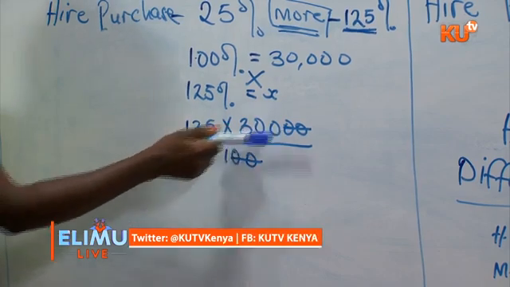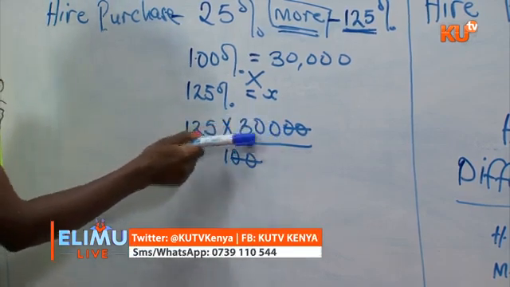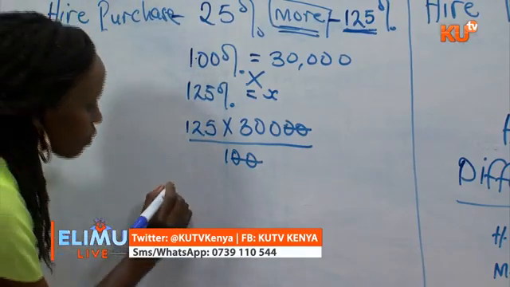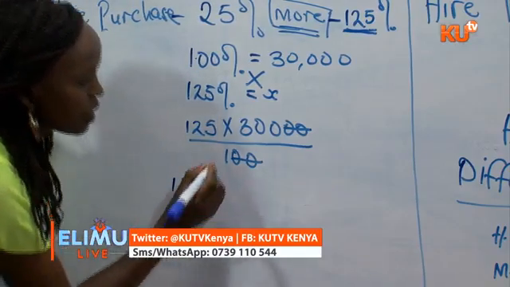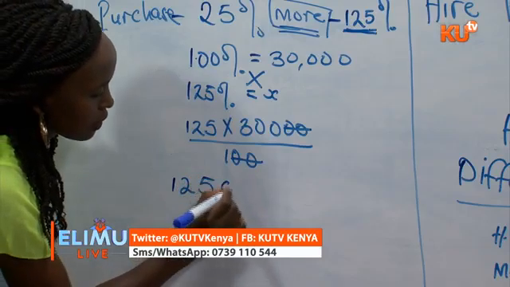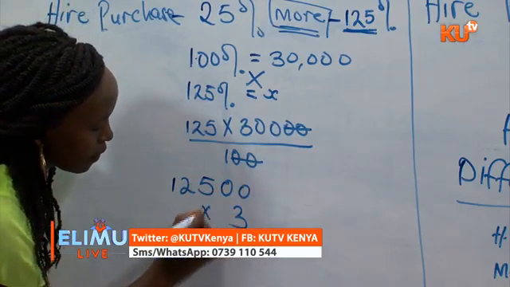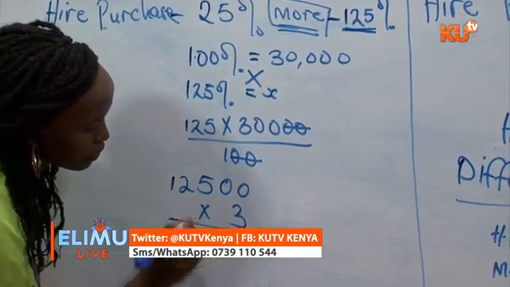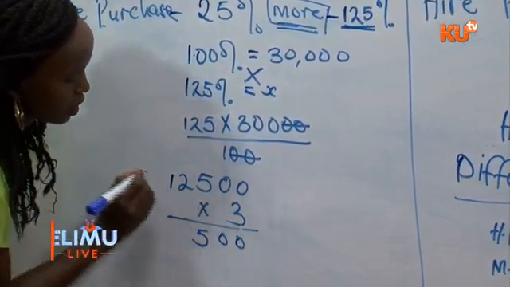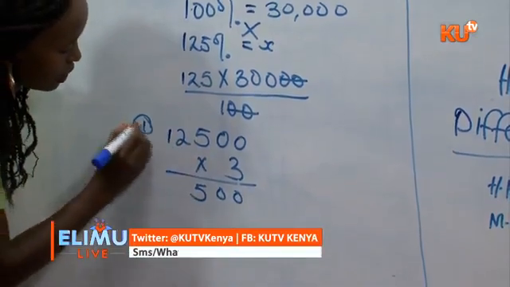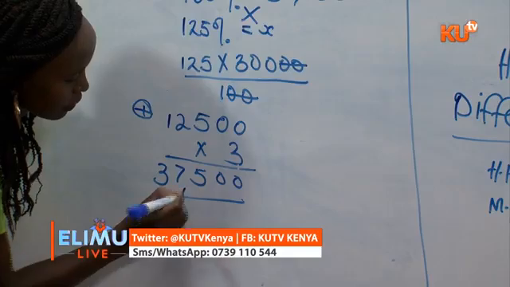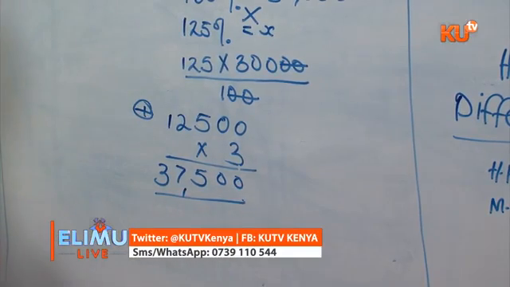So I divide 30,000 by 100, we get 300. So I take 125 times 300. Carry 1, 6, 7, and then 3. We get 37,500.